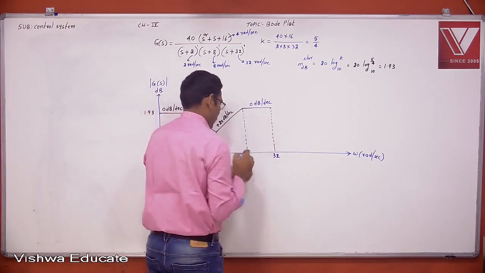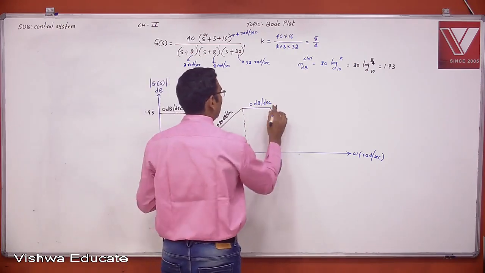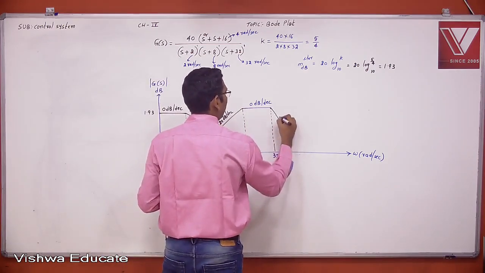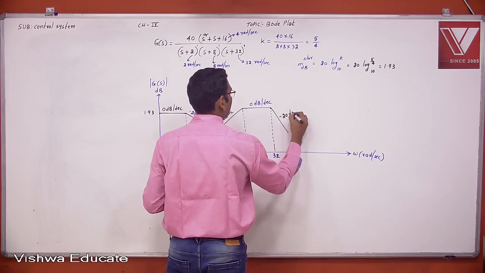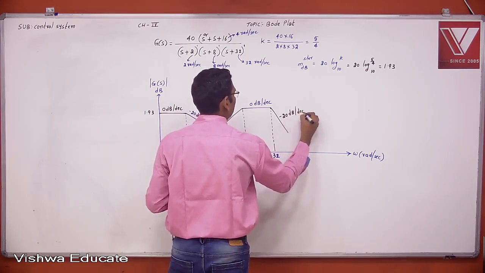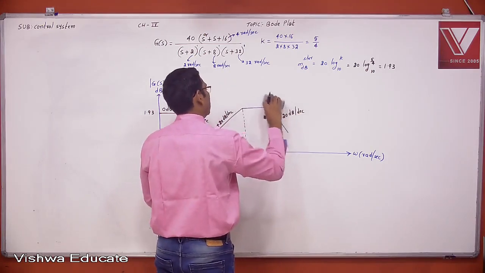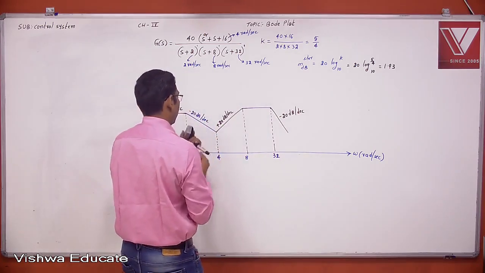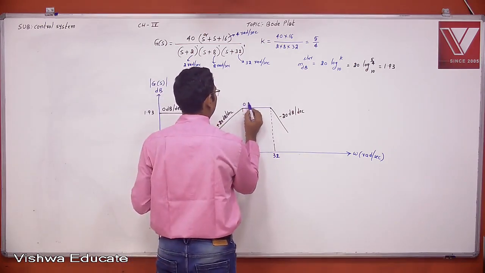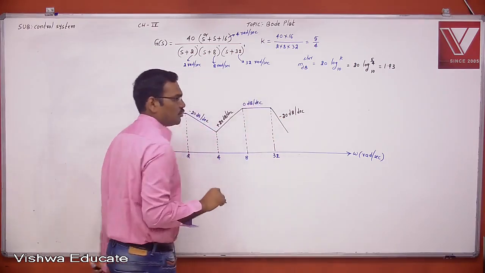Minus 20 added to 0, now the slope is minus 20 dB per decade. This is 0 dB per decade, and this is minus 20 dB per decade.